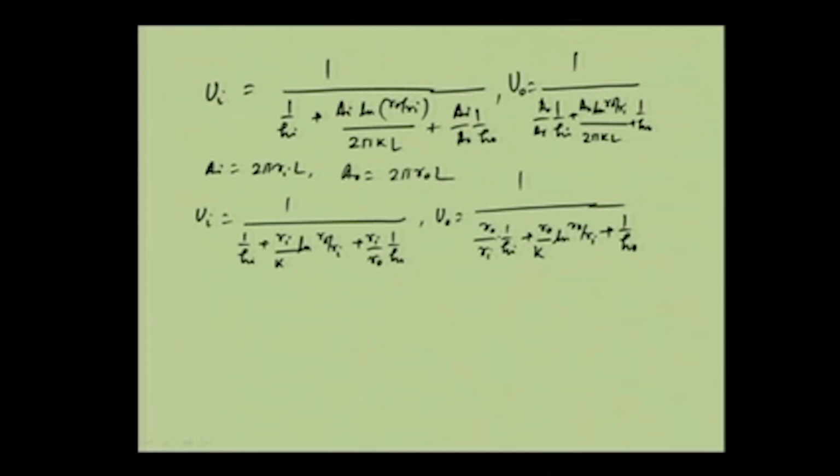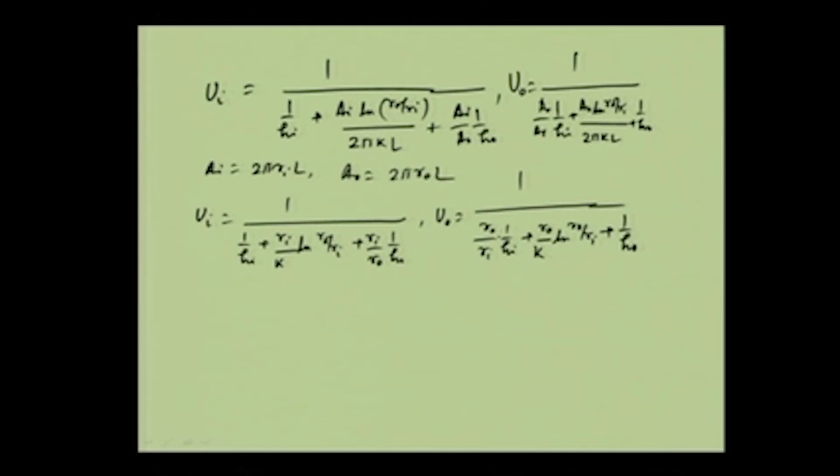We have seen in case of conduction that ln Ro by Ri by twice pi KL becomes the resistance in case of a cylindrical body. Now this is the final expression in terms of radius.